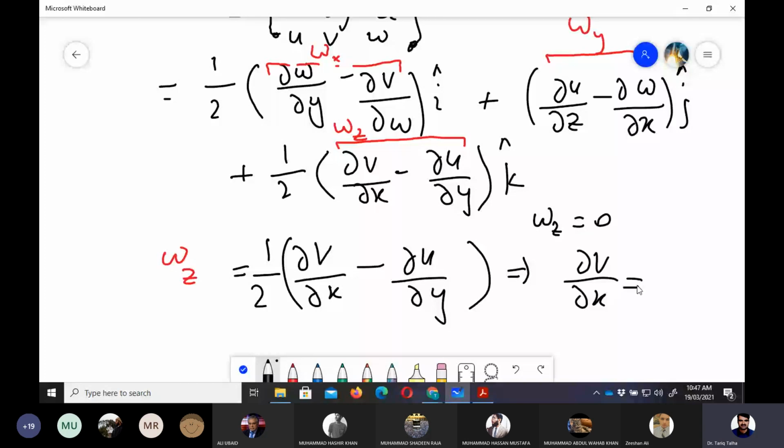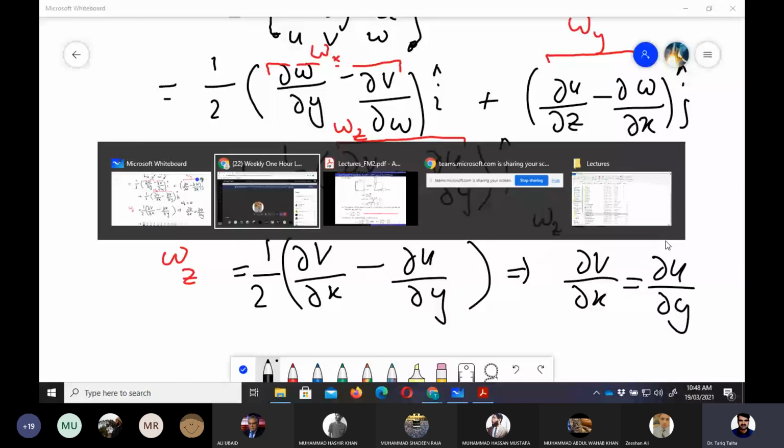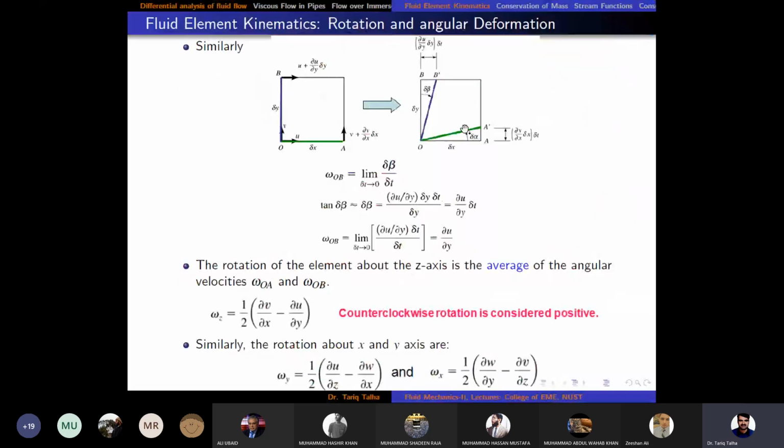So if I show you on the slide, it means that partial u by partial y is equal to partial v by partial x. So it means that if we have got partial v by partial x in counterclockwise, then the same counterclockwise distance would be there for the partial u by partial y.